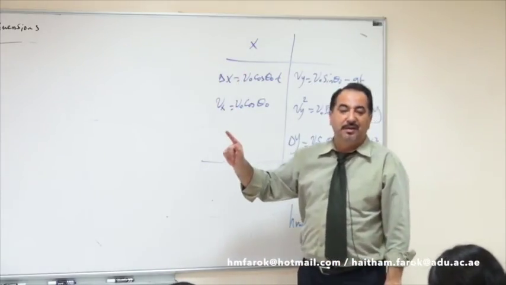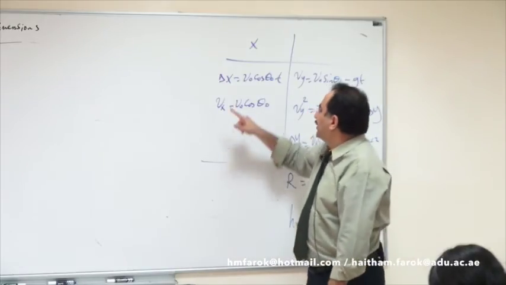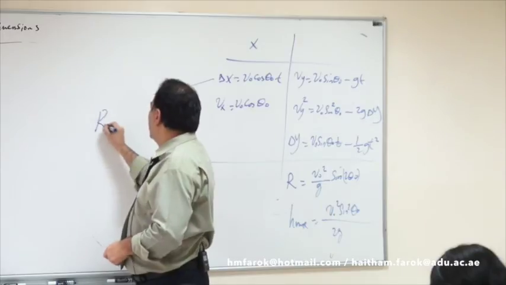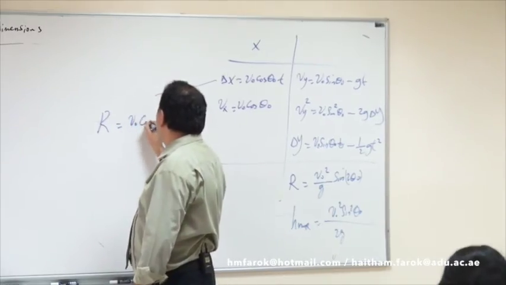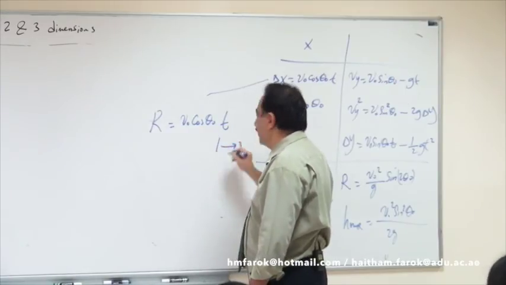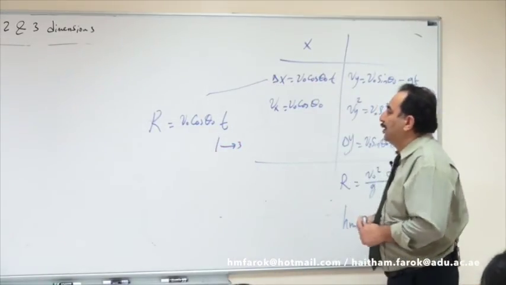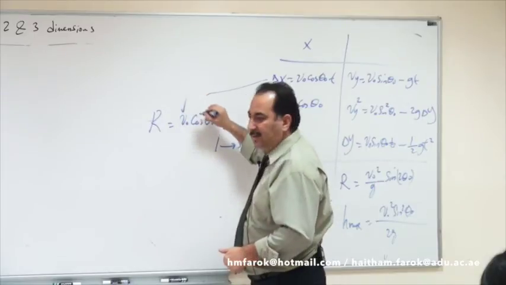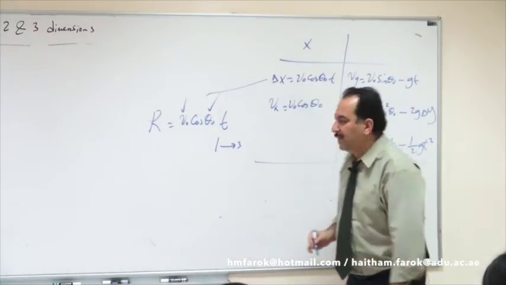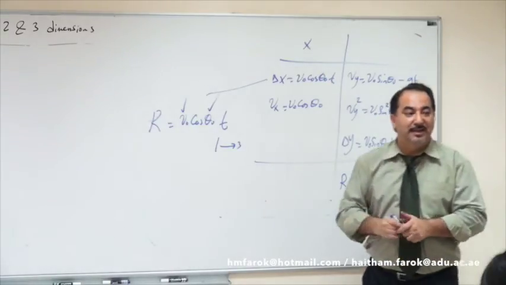Is the time given? Okay. So if you take this as R, V naught cosine theta naught, you have to say this T is from 1 to 3. Is V naught known? Yes. Theta naught? So if I find this T, I find R. So remember, T is the key.